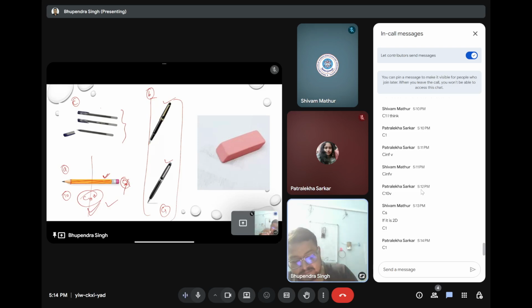Interesting. The point group of these two pens and the point group of this pen.